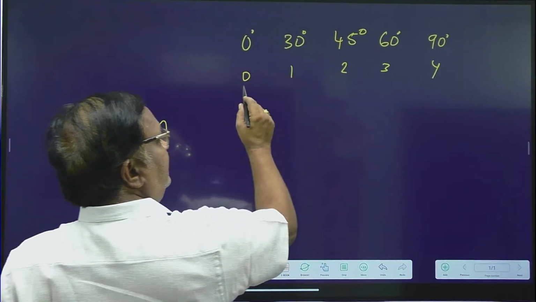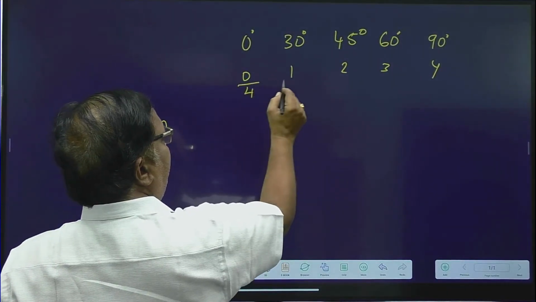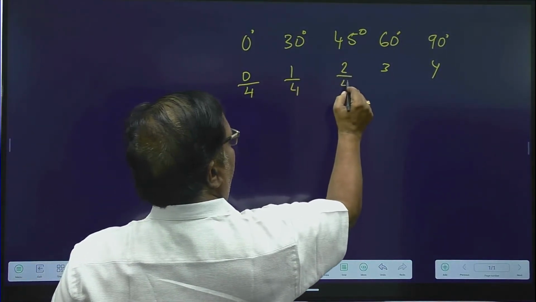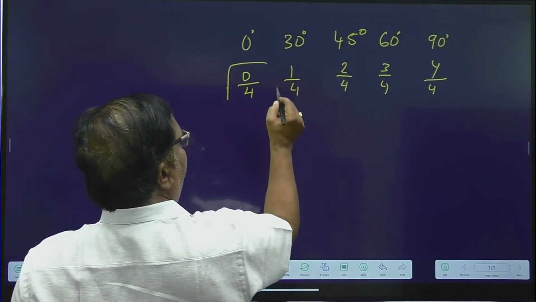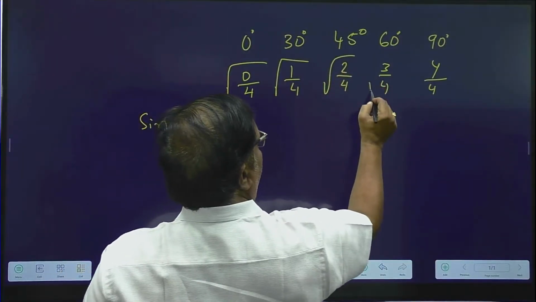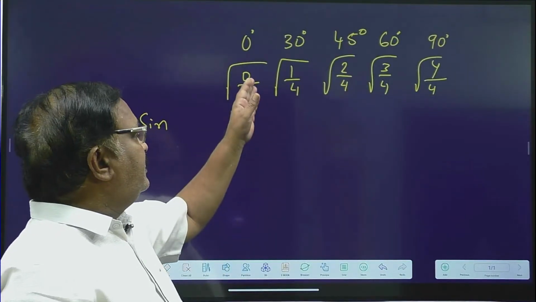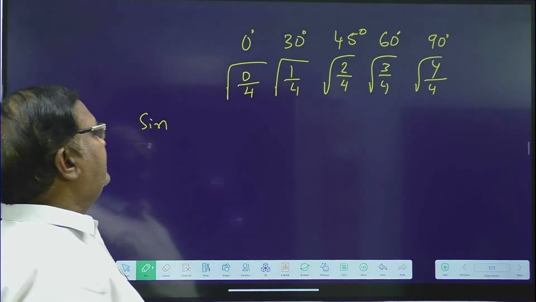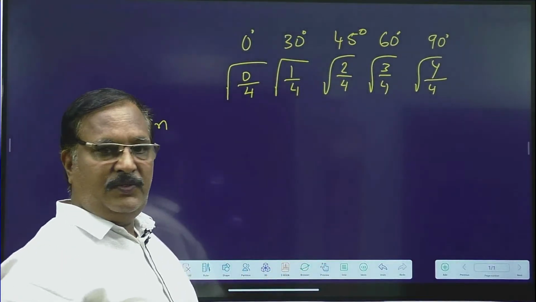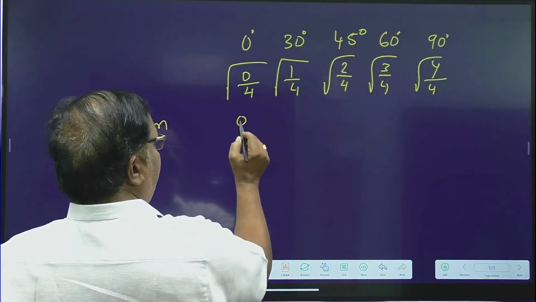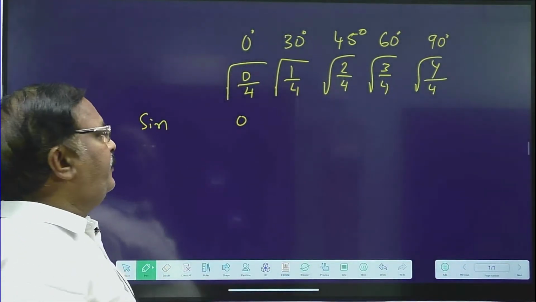You write 0 to 4 and divide each one by 4, and you take the square root. Whatever the answer is, that is the sine of that particular angle. 0 by 4 is 0, so sine 0 degrees is 0.